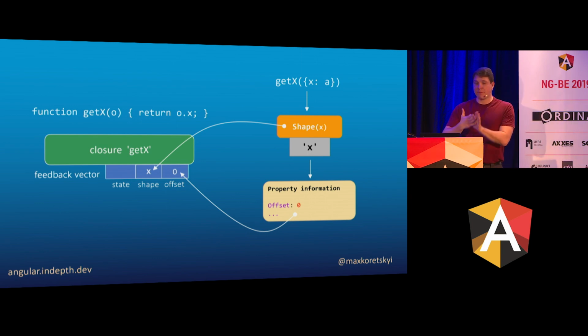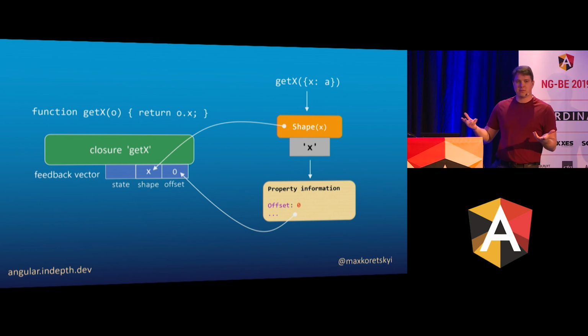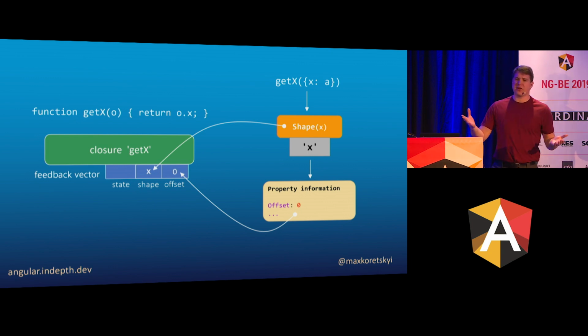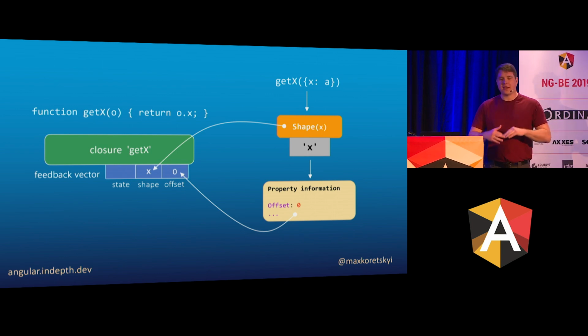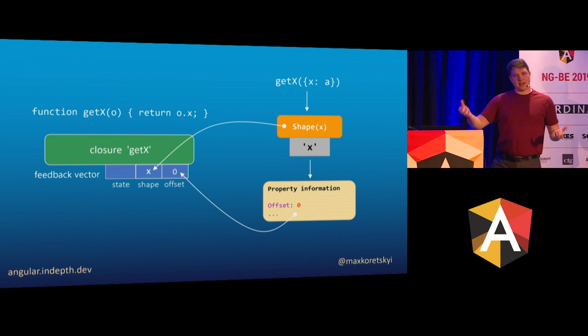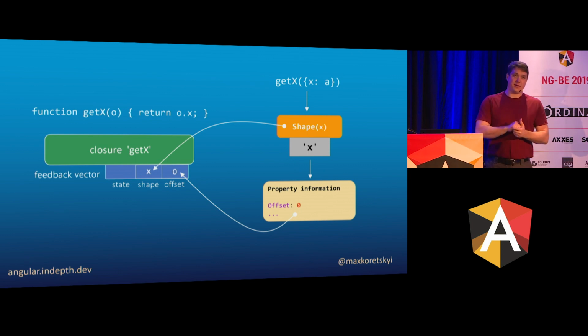Now, here's where the monomorphic property term comes into play. What characteristics does a cache have? It's fast. Yeah, correct. It's like an array, right? But it also has size.